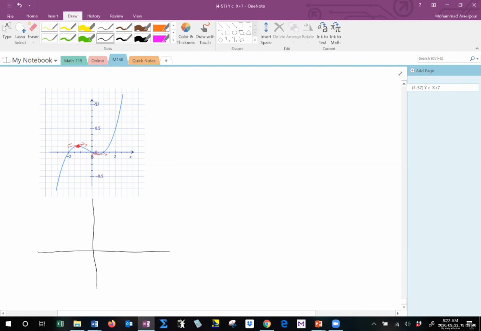So again, we try our best. Corresponding to this point, we have this point. This is not to scale, but corresponding to this point, we have this. Okay, so that's the first thing. This is the graph of y equals f prime of x.